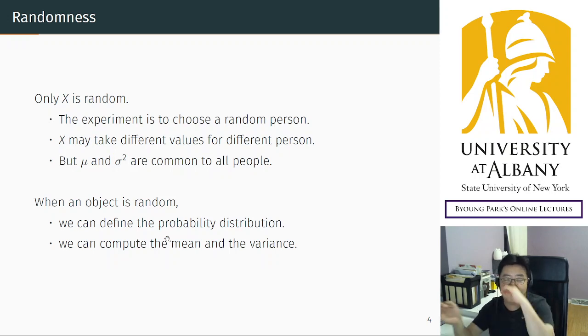There must be some probability for that. You can also calculate the mean and the variance as long as the outcome is a number, right? It is easy to understand these two very basic statements. Now, keep these two statements in mind.